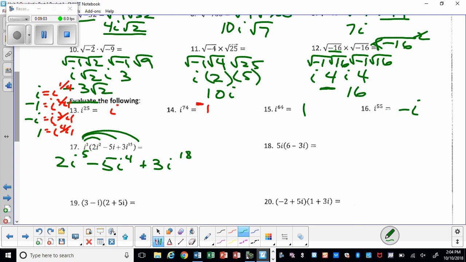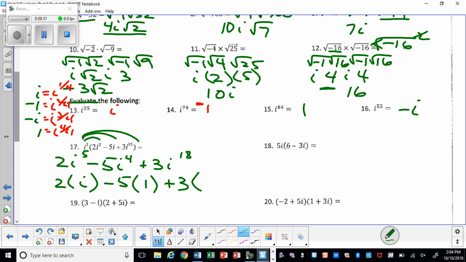Okay, and now i to the 5th is what? i to the 5th would be 1, 2, 3, 4. So that would be i. Minus 5 times, and then i to the 4th is just 1, plus 3 times, and then i to the 18th.